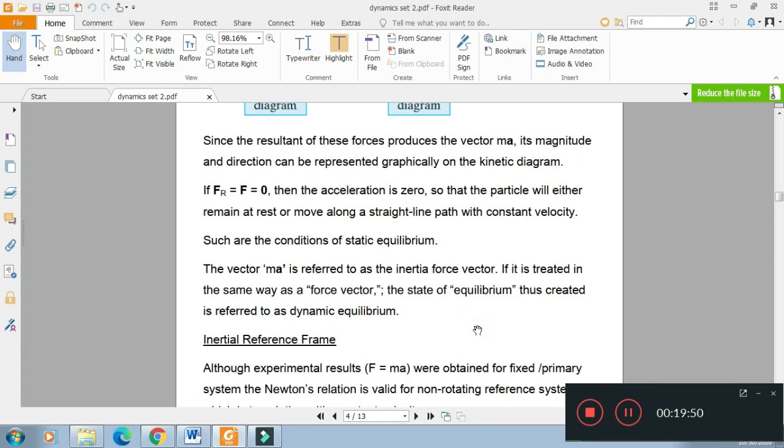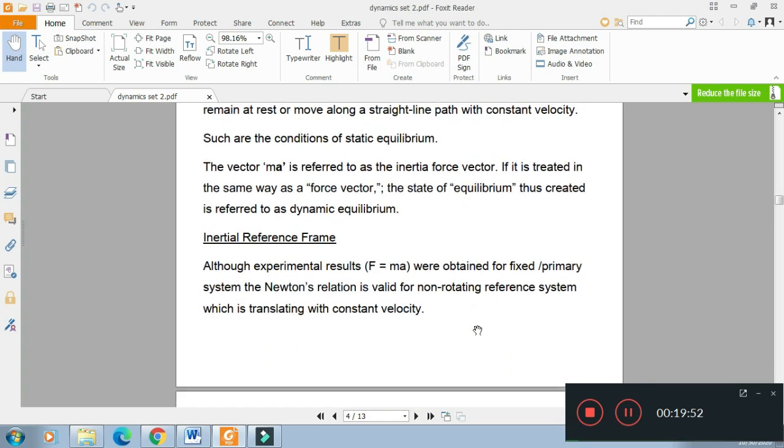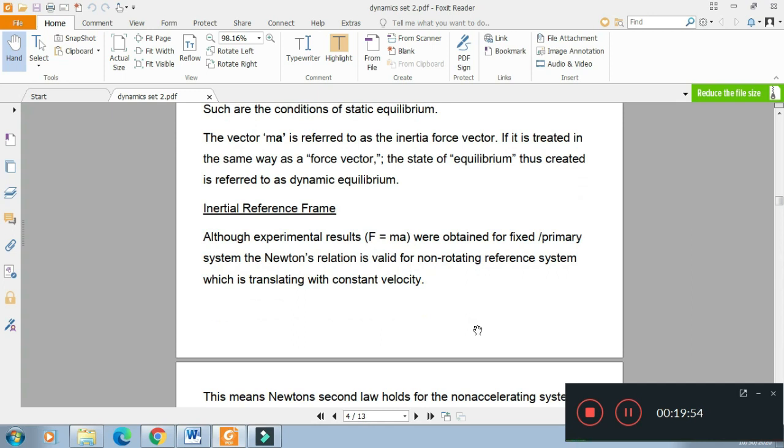The next topic is inertial frame of reference. The condition for the equation F equal to ma to be satisfied is that we have an inertial frame of reference. The equation of motion is obtained for the inertial frame of reference.